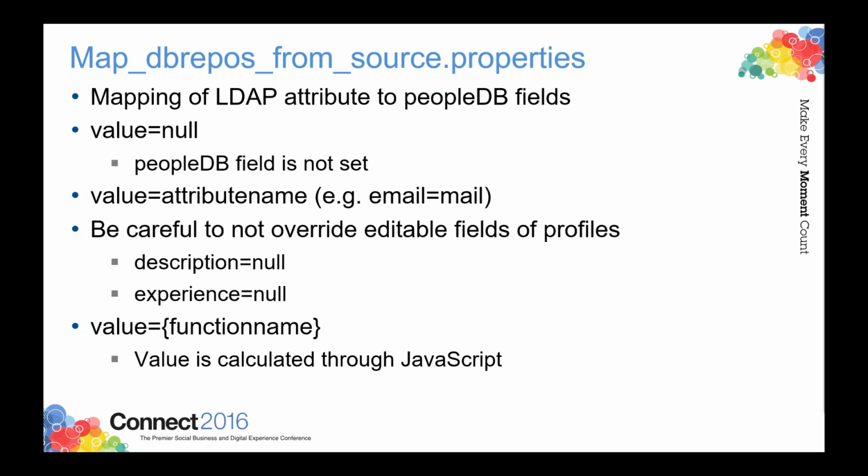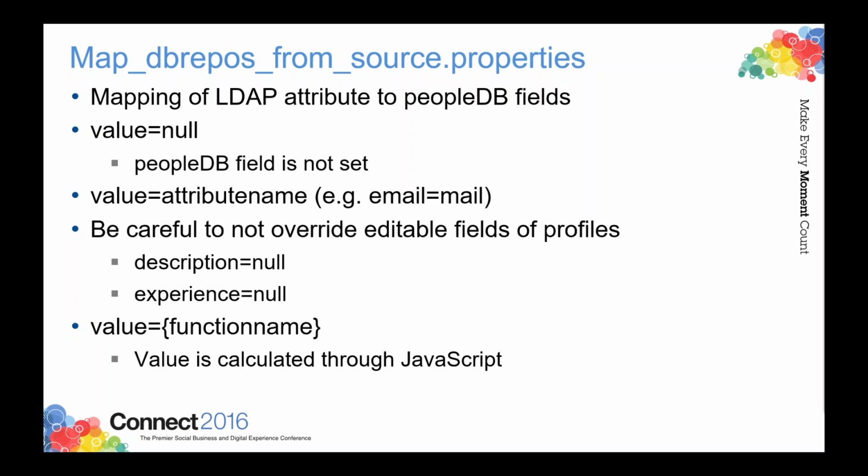It's not looking really good in Connections, so I started to use a function here. I read the given name, I read the last name, and I combine them with a space. So I have a full name with given name, last name, and it's better readable within Connections. So that's an example of using JavaScript within the MapDB repos properties.